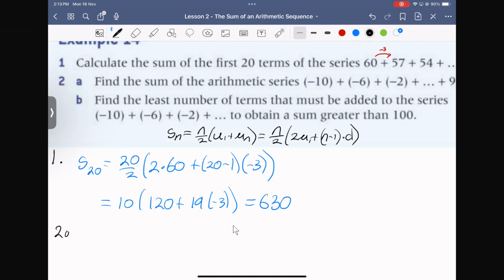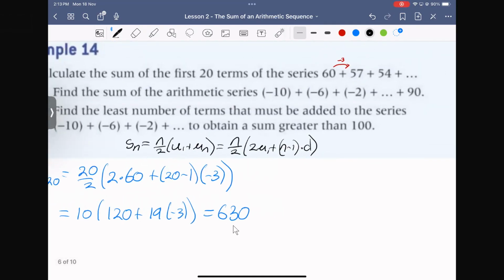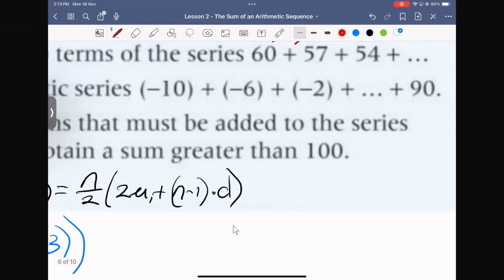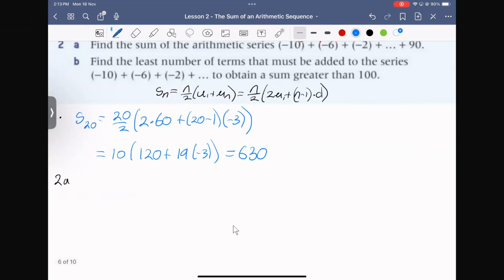Okay, so 2a. Find the sum of the arithmetic sequence given. So for this arithmetic sequence, we need to first find out what d is, and then find out how many terms there are. We're not told. So what is the common difference that we're seeing here? Plus 4. And then the last term in the sequence is going to be 90.